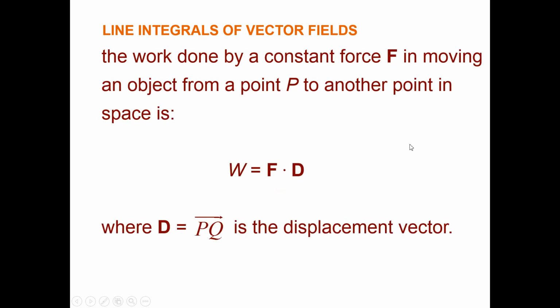Okay, next formula. So in order to establish the line integrals of vector fields, let's go through a few results. The next concept: the work done by a constant force in moving an object from a point P to another point Q in space is F dot D, where D is PQ. The particle moved from point P to the point Q, so PQ is the displacement vector.